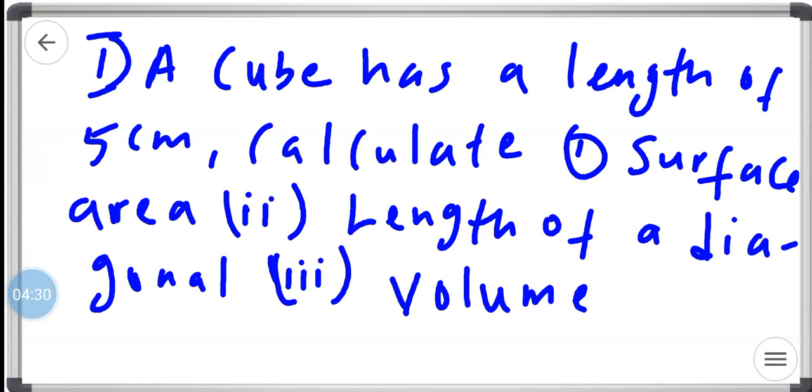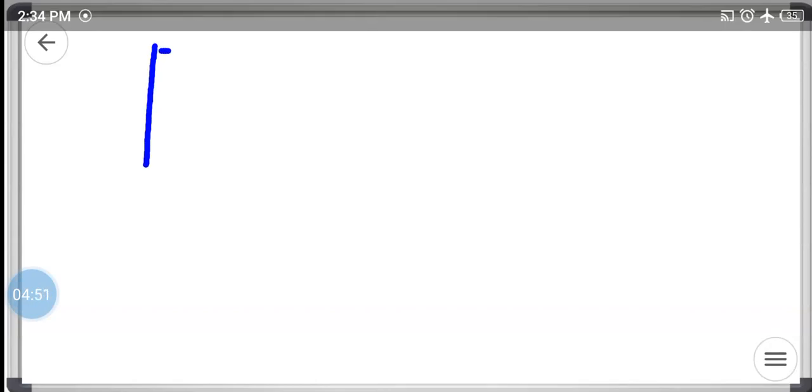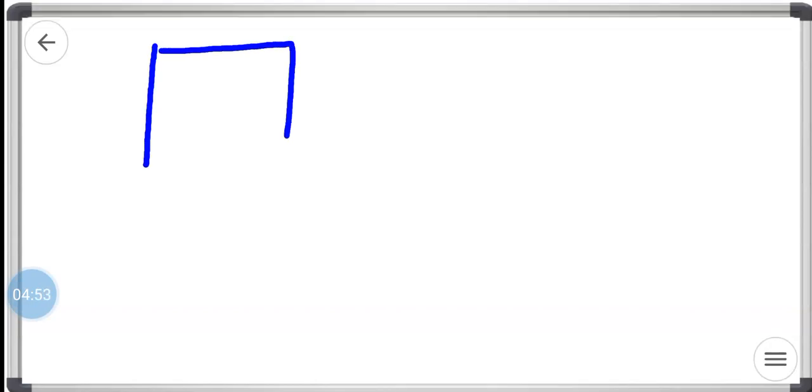Now we're told that a cube has a length of 5 centimeter. Calculate question 1, surface area. Question 2, length of a diagonal. And question 3, volume. So quickly, let's take the solution. The first thing is that I will draw a diagram of my cube. Don't forget that in a cube, all sides are equal.